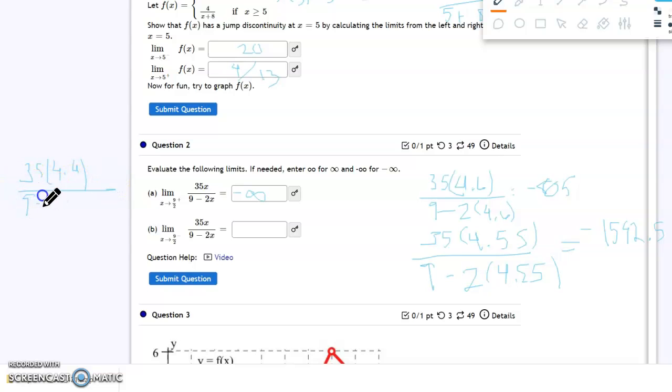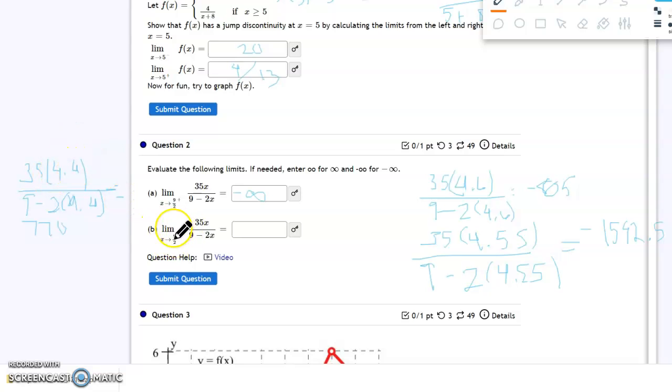And I'll let my calculator do this. And I know that looks like a 9, but it is 4.4. So in this instance, I get 770. That's pretty large positive. It would appear to be going into positive infinity, but let's do one more to make sure.